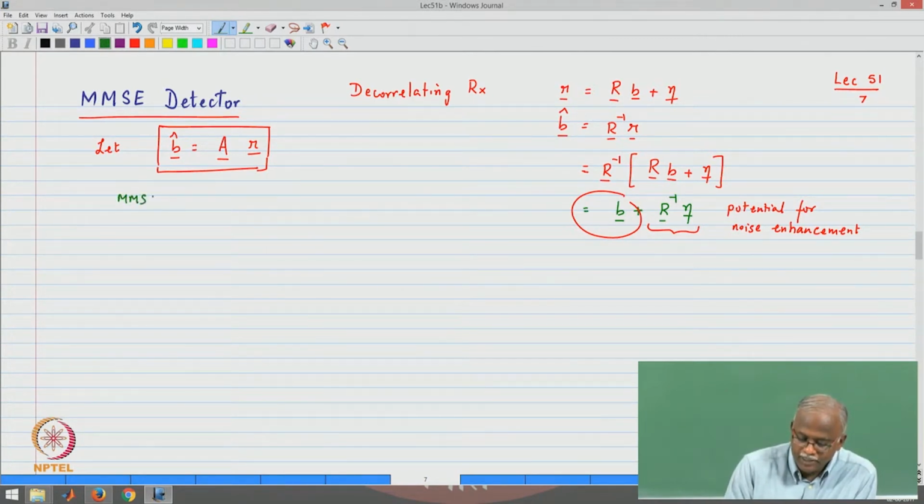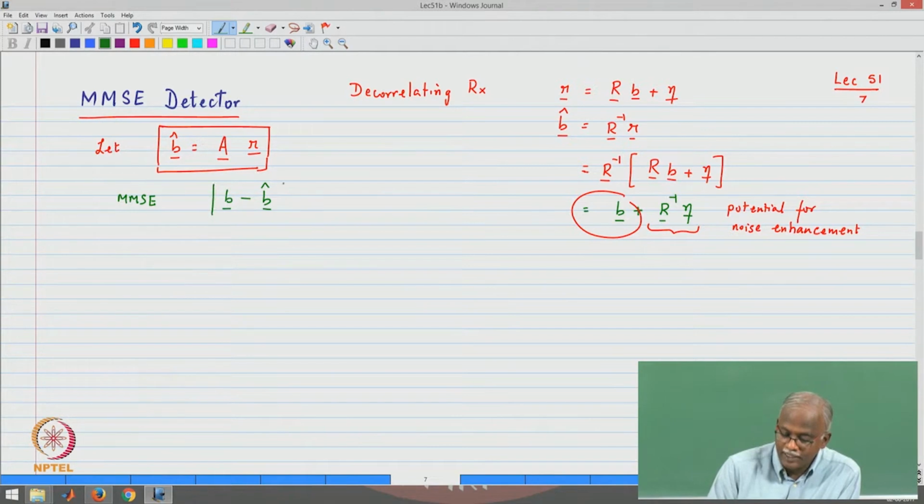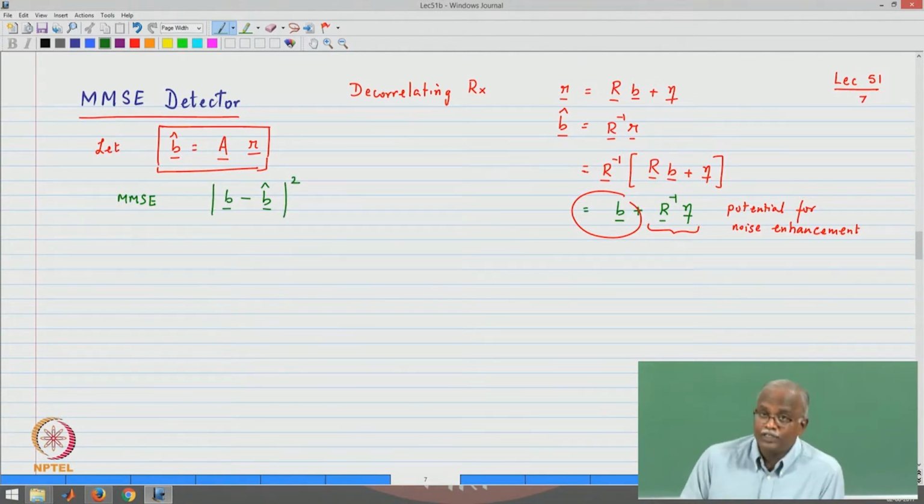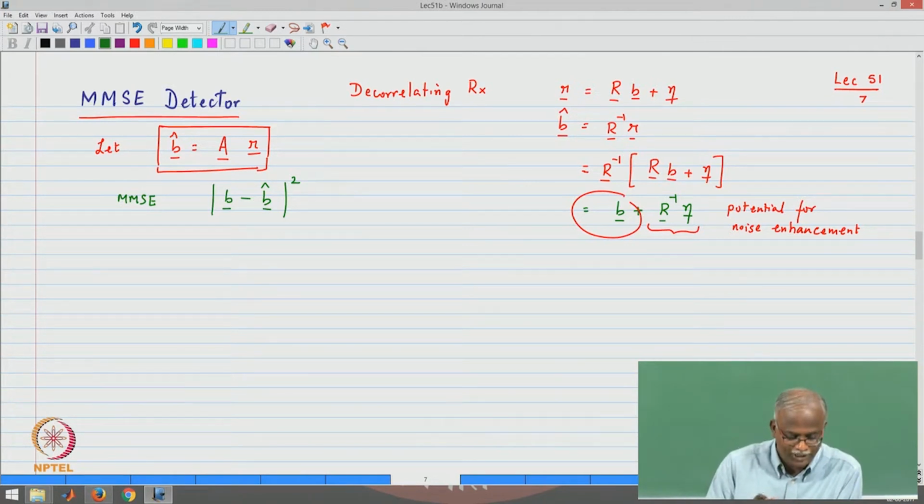So, the MMSE criterion says that we would like to minimize the error. What is the error that we are trying to minimize? It is the difference between the vector that was transmitted and the vector that was estimated, and we would like to minimize the square of this with the expectation in front.